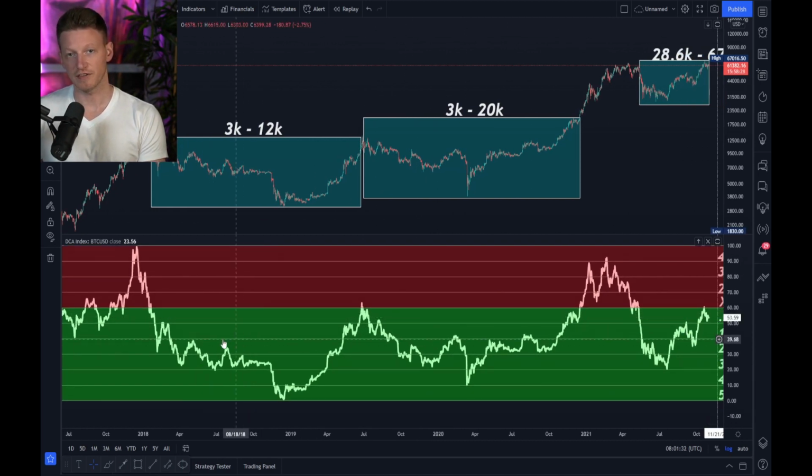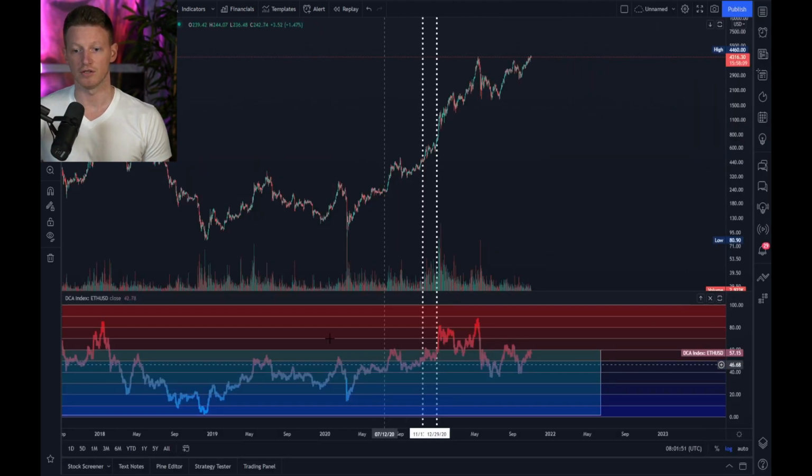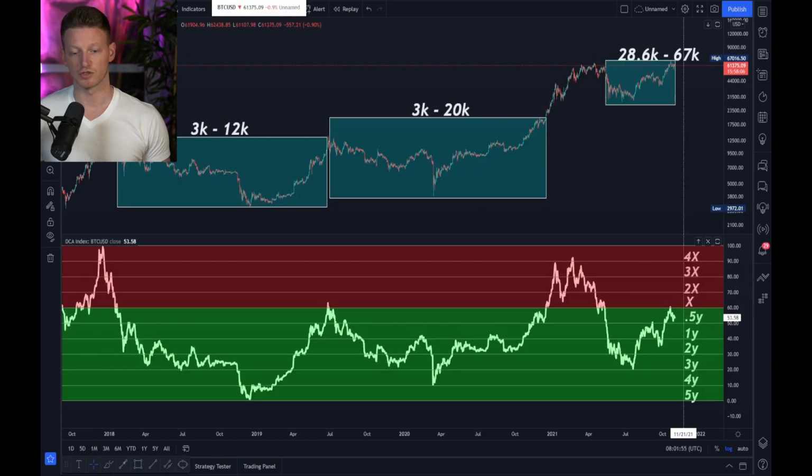So 60% Bitcoin, 25% Ethereum, 15% altcoins during the bear market. And I will do that based on whatever I think are the most quality projects, and I will use the altcoin index models in order to roughly gauge where they're at.